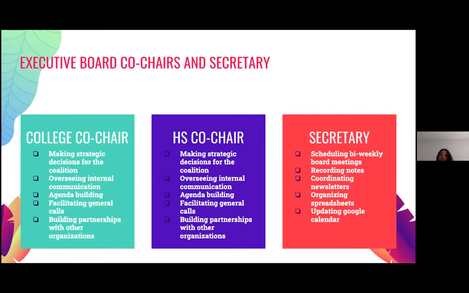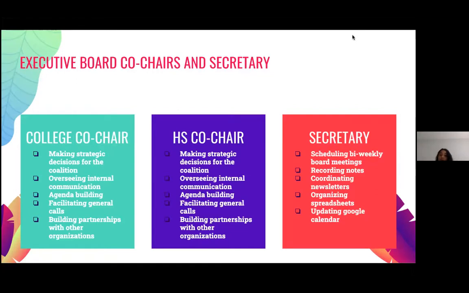They oversee internal communication, such as facilitating general calls, bringing the coalition together, writing polls, reaching out to members, checking in with the team leaders and campaigns, and building partnerships with other organizations, along with the coordinators.